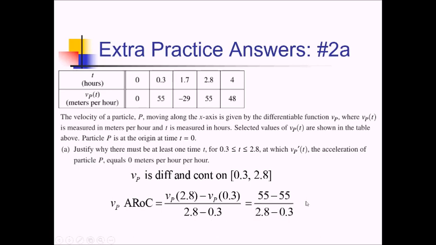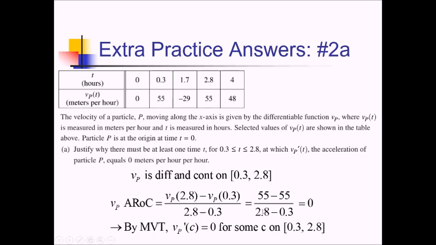And this is a calculator problem, but you don't need a calculator to see that this is going to come out to 0 up top, which zeroes out the whole thing. Since my average rate of change is 0, the mean value theorem guarantees that V prime of c has to equal 0 for some c value on the interval from 0.3 to 2.8.